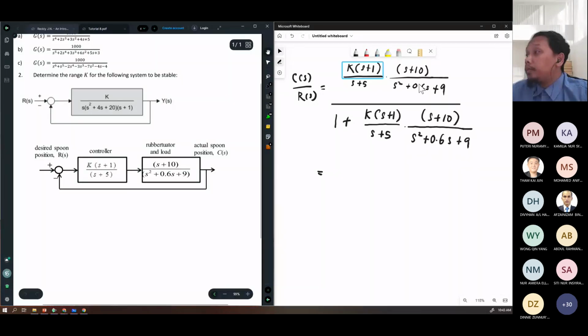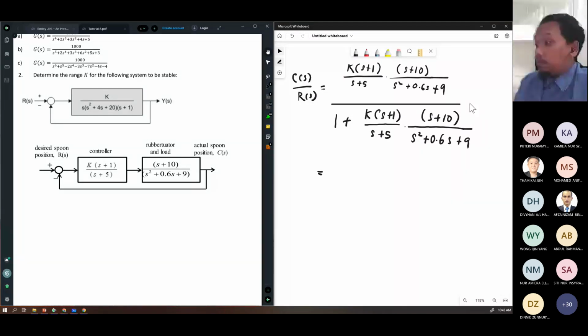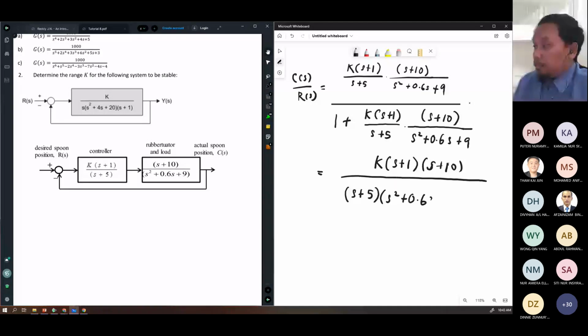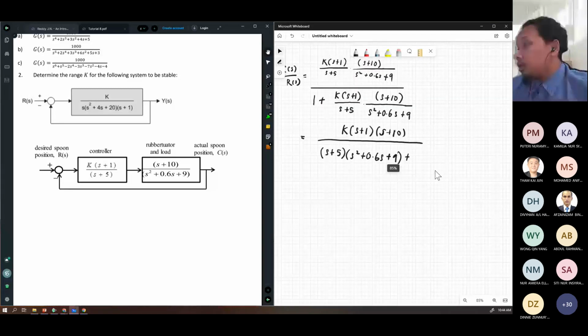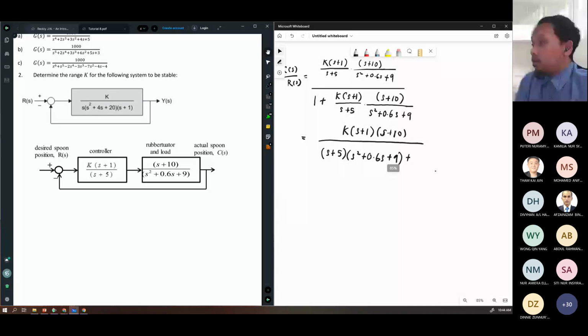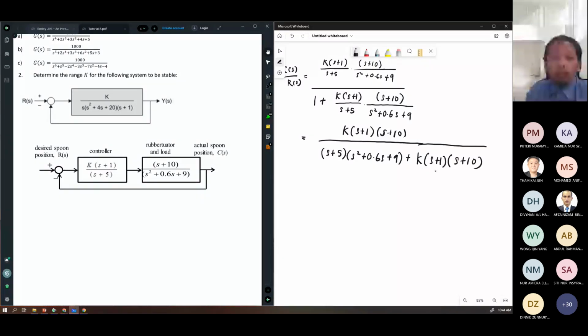Then from here, you simplify the transfer function, and then expand the denominator to get the denominator in complete polynomial form.